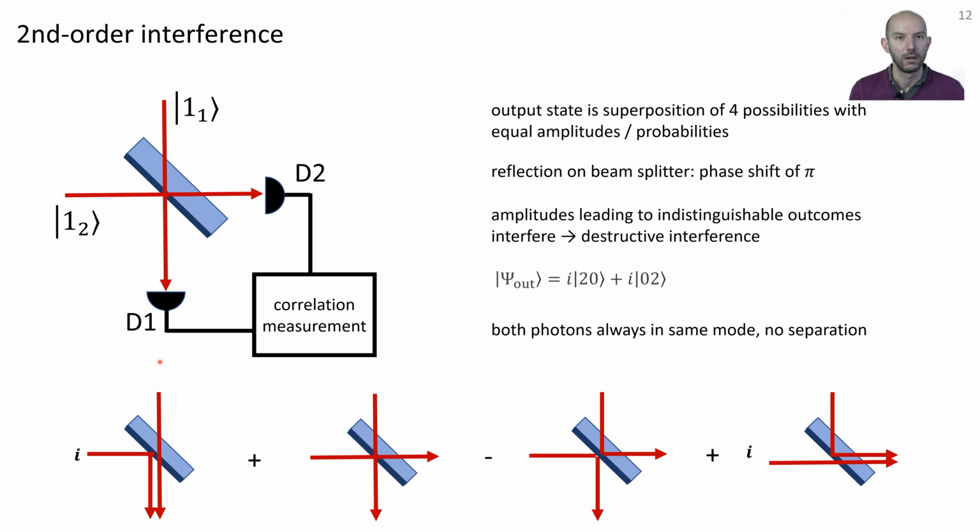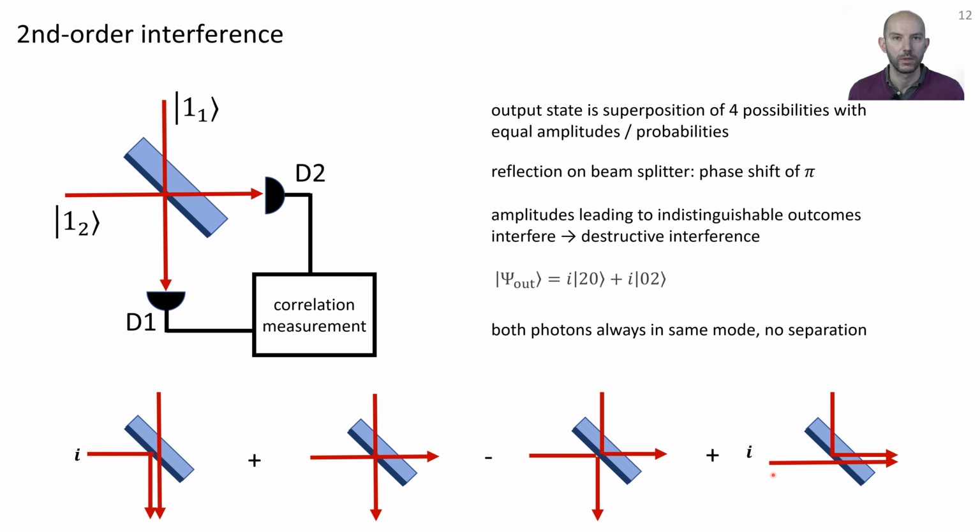That's possibility number 1. Possibility number 2 is that both photons are transmitted. Nothing is reflected here, so therefore there is no phase shift. The third possibility is that both photons are reflected, where both of them are getting a phase shift, and that's why we assign a minus sign to this possibility. And the last possibility is that the photon coming from the top is reflected, and the other one is transmitted, again with one phase shift because we have one reflection.